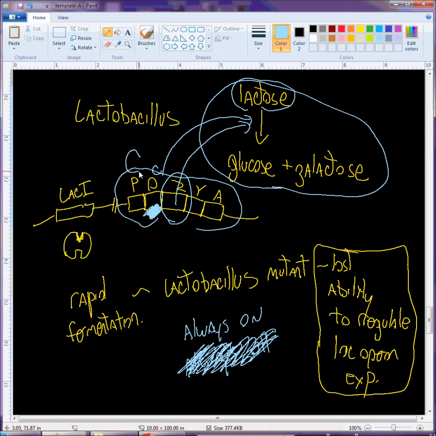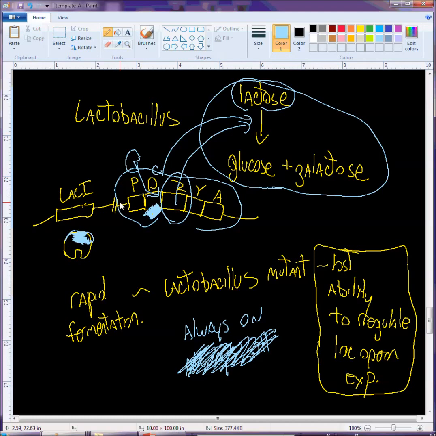The RNA polymerase can always bind to the promoter and always transcribe these genes because the repressor can't bind. Or the mutation could be that we've mutated the binding site for the operator on the LAC-I repressor, so it can no longer bind the operator. And as a result, the RNA polymerase will be free to always transcribe the operon. Those are some possibilities.